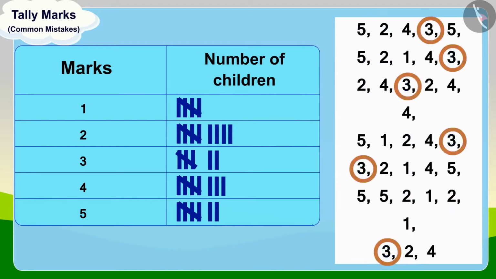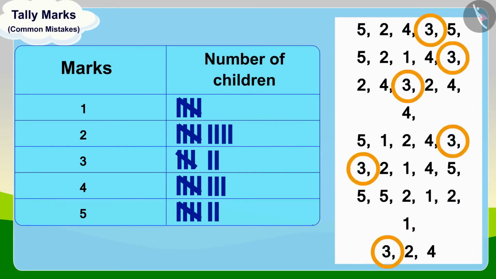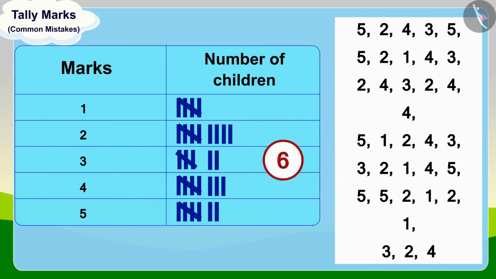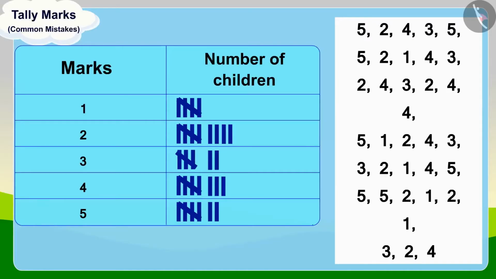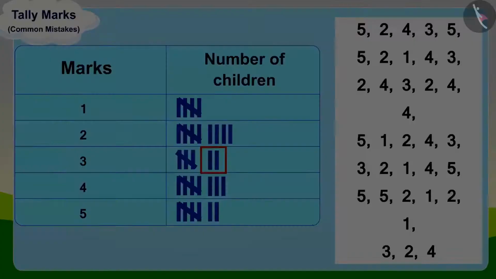And how many tally marks should there be for 3 marks? Yes, 1 group of tally marks and 1 line. But what's this? Mrs. Khan has made 1 group of tally marks and 2 lines for 3 marks.